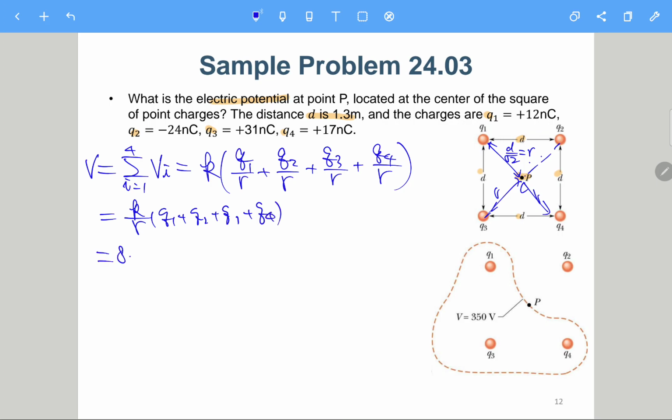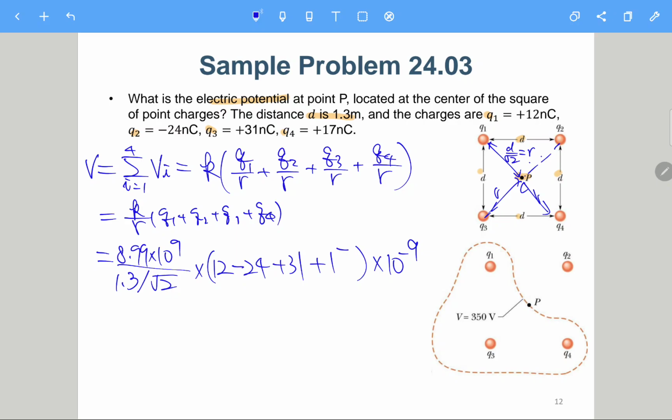So k is 8.99 times 10 to the 9th power. R is d over square root of 2, which is 1.3 over square root of 2. And then multiply by Q1, which is 12 nano. Nano is 10 to the minus 9. And then Q2 is minus 24, plus 31, plus 17.